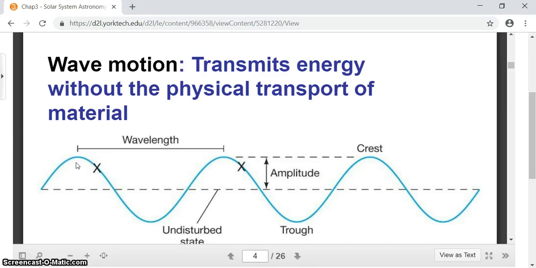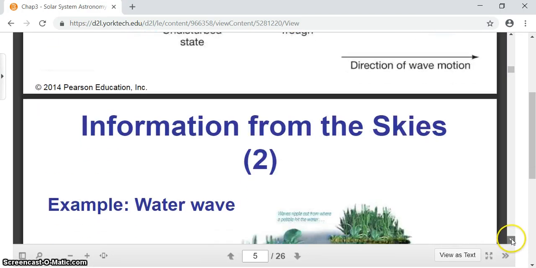The other thing that we talk about is the period. The period is the time it takes for one complete cycle, one complete oscillation of the wave, to pass some arbitrary point. And then the reciprocal of the period, 1 over the period, is what's known as the frequency. We'll talk about that a little bit more.